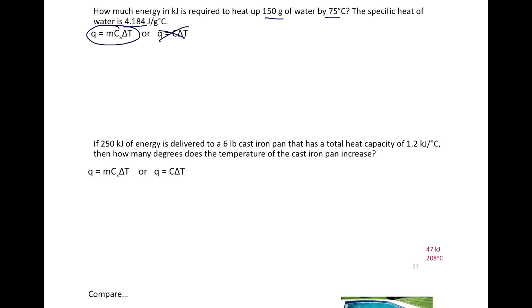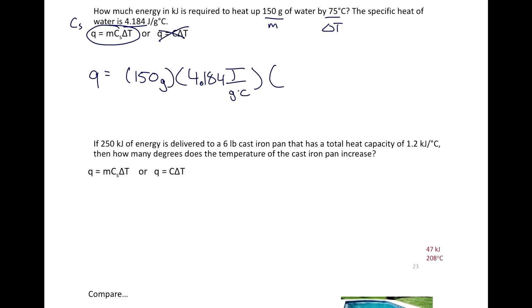So really it's just plug and chug here. There's the mass, and 75 degrees. Since it's raising that much, this is literally delta T, right? I'm just telling you, you're changing the temperature by that much, and there is specific heat. Mass is 150 grams. Specific heat, 4.184 joules per gram degree Celsius. Delta T, 75.